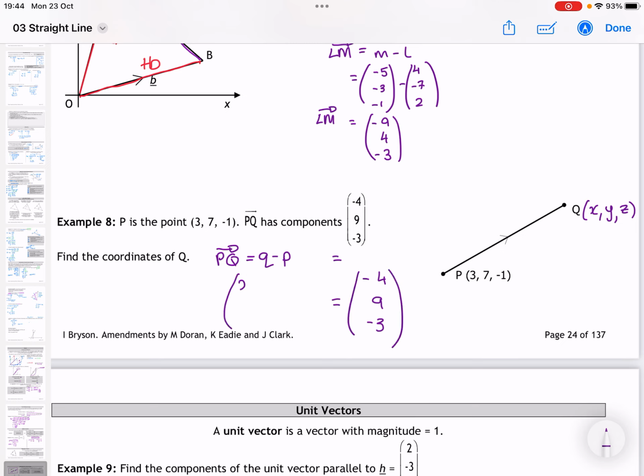So we know that (X, Y, Z) minus (3, 7, minus 1) gives me (minus 4, 9, minus 3). So X take away 3 gives me minus 4. Y take away 7 gives me 9. And Z take away negative 1 gave me minus 3.